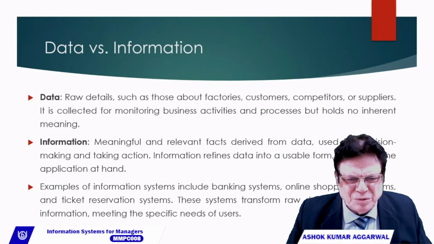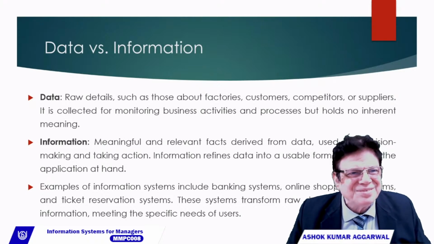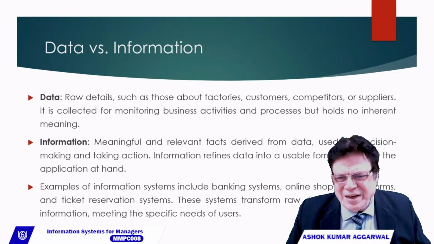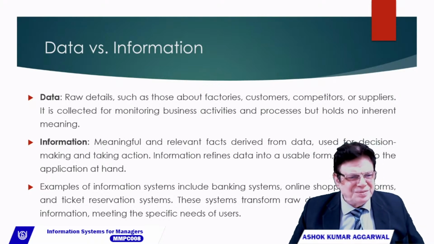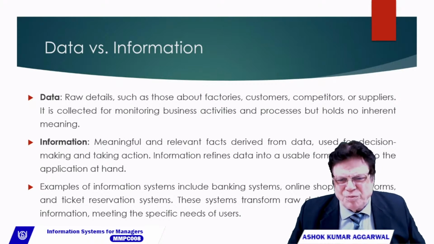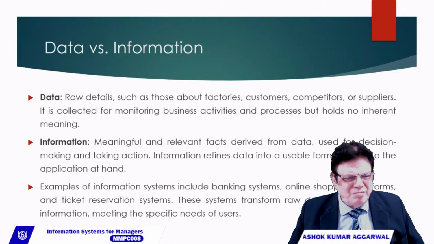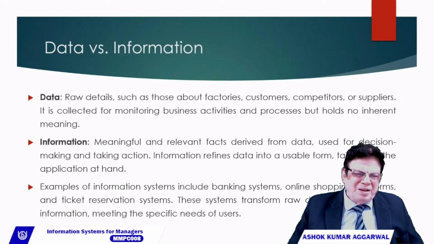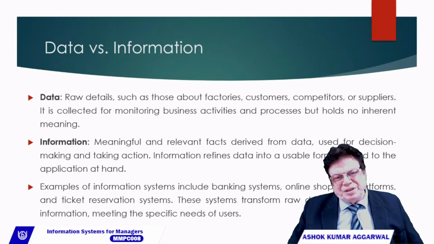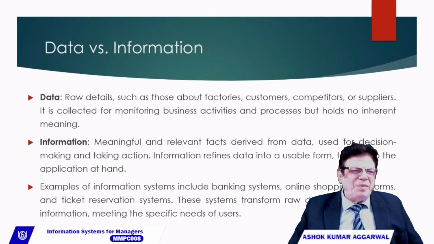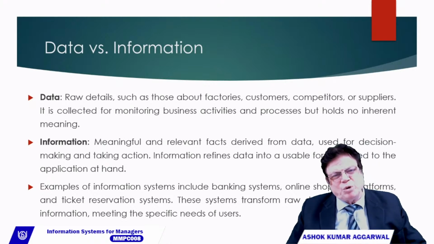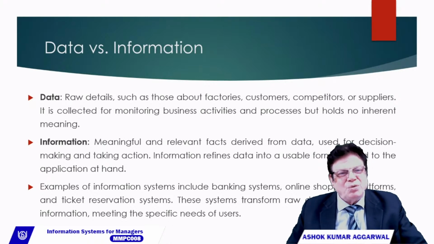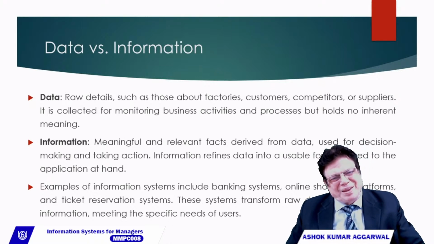Examples of information systems include banking systems, online shopping platforms, and ticket reservation systems. These systems transform raw data into actionable information, meeting the specific needs of users. For example, in a bank, if you give a check at the counter for payment, that staff will post your check in the computer in your account, and the cashier will give you the money.